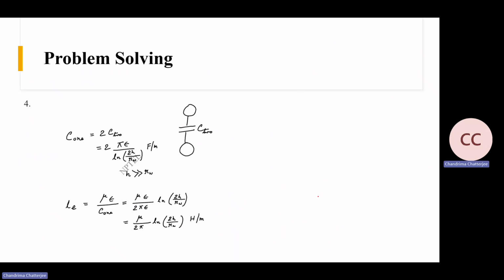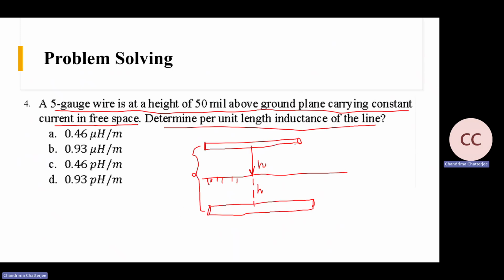See, if there is a transmission line, with respect to ground obviously there will be parasitic capacitance from this wire to ground. And as we are assuming there is another conductor, from there also there will be another capacitor to ground. They are identical. So if this is C1, this is also C1, and they are in series.